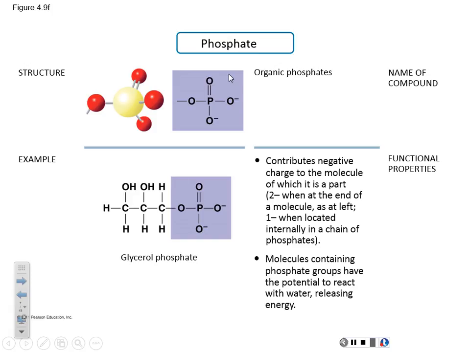That's what phosphate groups are all about: local, intense, negative charge. If you have that phosphate group attached to a molecule, clever name, we call those things organic phosphates. Organic because it's a carbon compound, phosphate because you put a phosphate group on it. Hence we call those things organic phosphates.